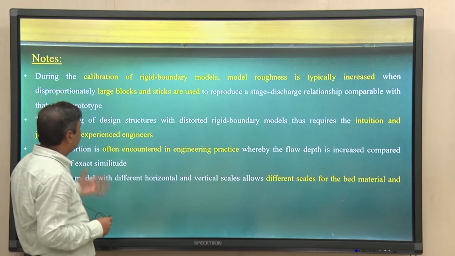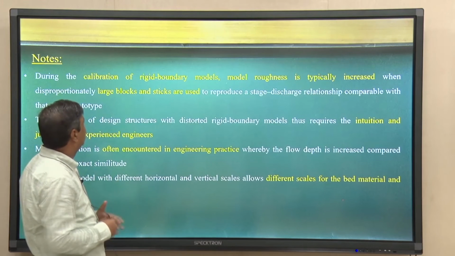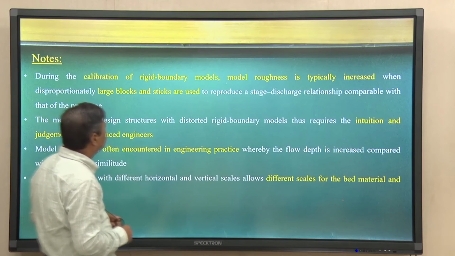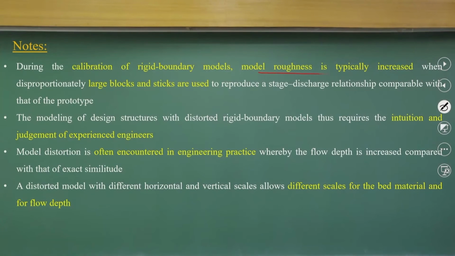Now, these are the notes for when you do rigid boundary models. We have to look at that roughness, which is typically increased, with disproportionately large blocks or sticks used to produce the stage-discharge relationship which is comparable to the prototype. Okay, that is what we have to do. And most of the time, when you work with distorted rigid boundary models, you need intuition and judgment from the experience of engineers.